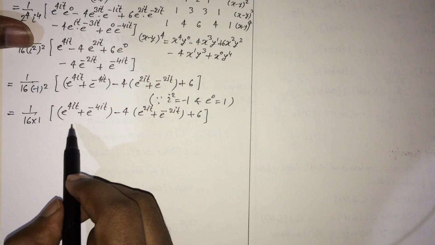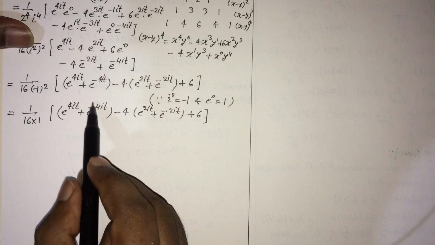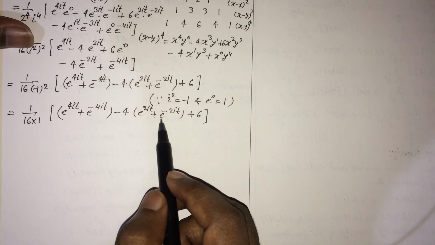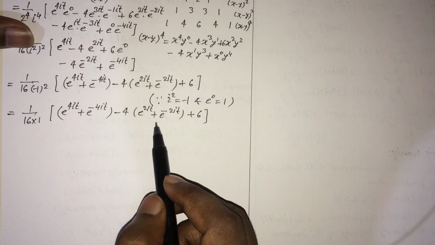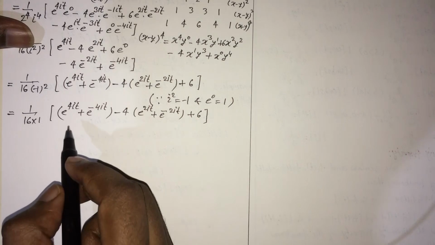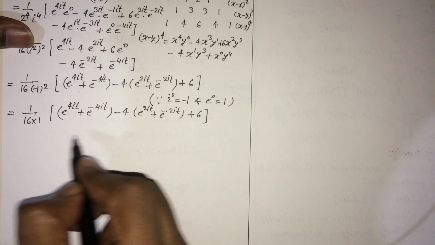Now if I multiply and divide by 2, then this function becomes cos 4t, this function becomes cos 2t, and this becomes 3. So just multiply and divide by 2.